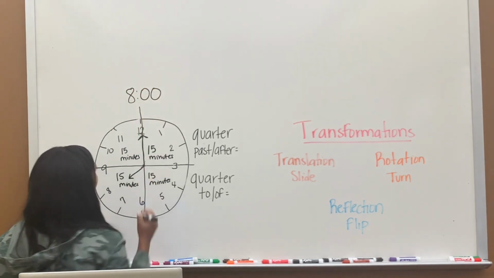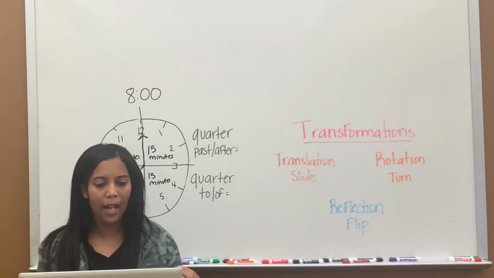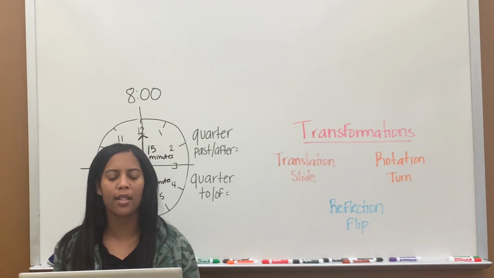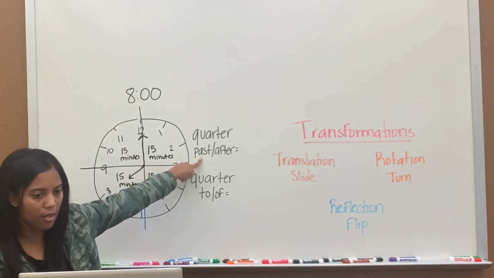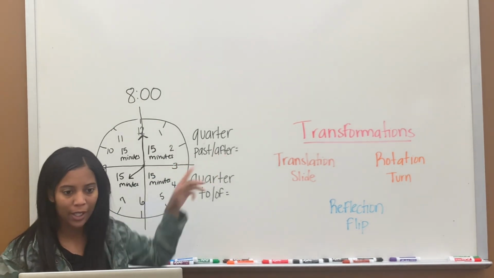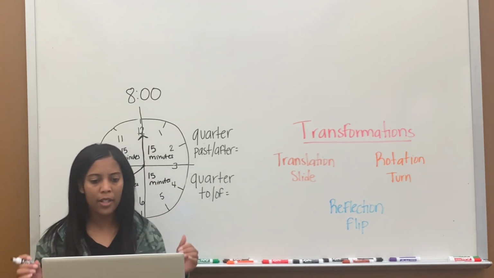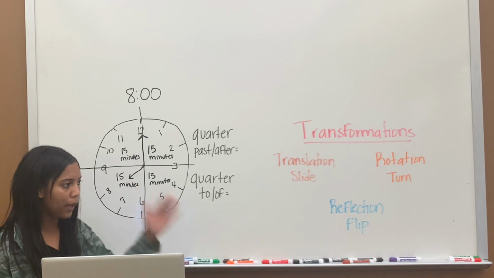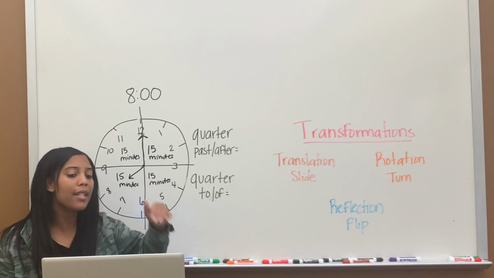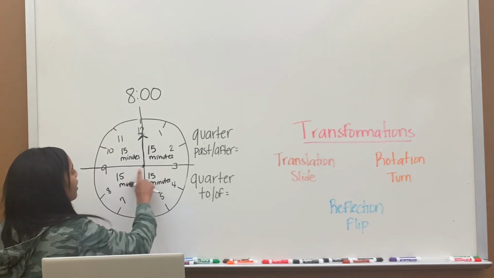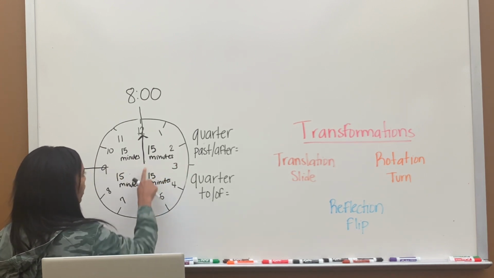So once I am inside of the hour 8, if someone says, what time is it? And I say it's a quarter past or a quarter after 8. That means it's a specific time. Every time someone says it's a quarter past or a quarter after a certain number, that means you are inside of that hour, and it means that you are 15 minutes inside of that hour, okay?